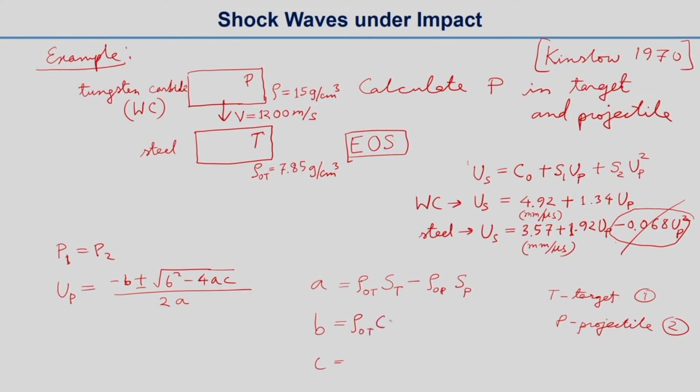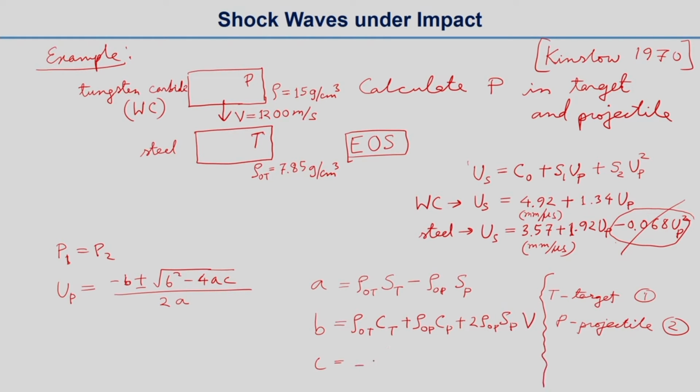Then B is rho naught T CT for target, plus rho naught P CP for projectile, and then twice rho naught P, that is the density of the projectile material, SP for projectile, and V, the impact velocity.